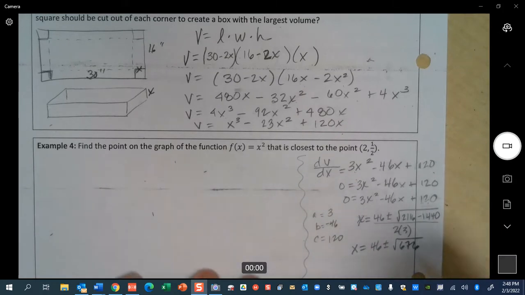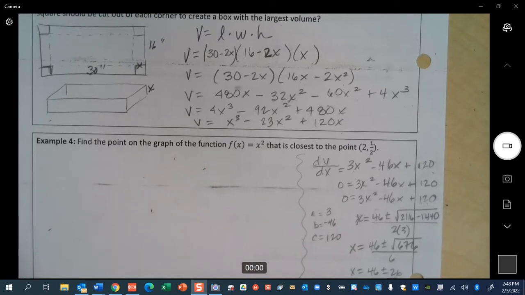That's a perfect square, y'all. 46 plus or minus 26 over 6. X is equal to 12 and 3 1/3, which is 10/3.